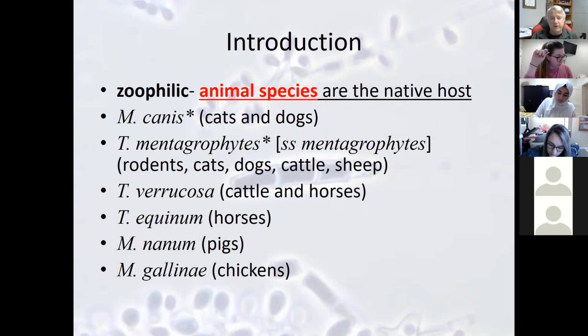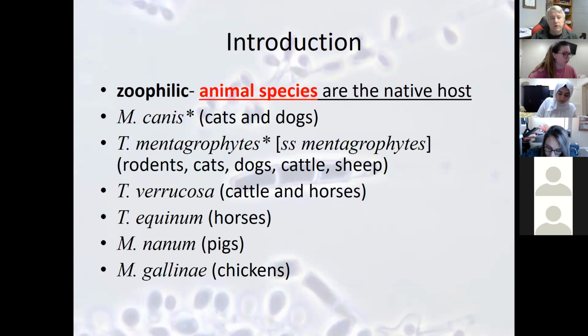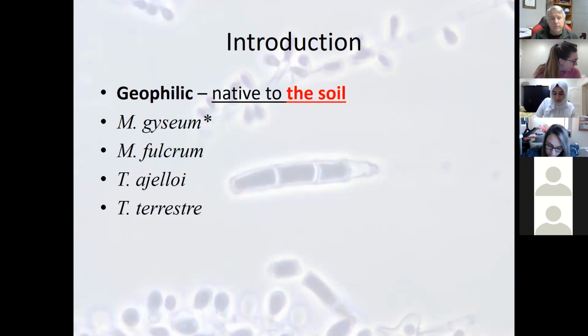We have the zoophilics, these are the animal species as the host. So we have a list of the humans and a list of the animal. And geophilic, so we have some in the soil. Fulcrum is one that pops up.